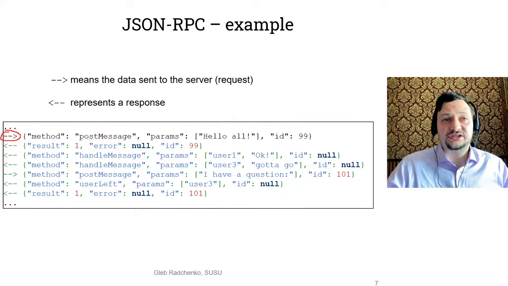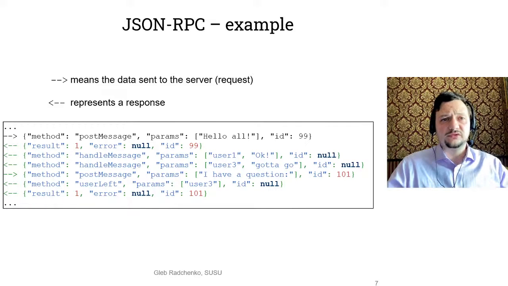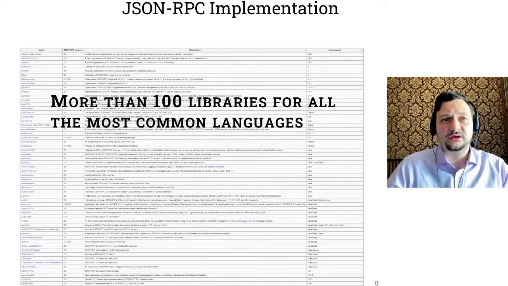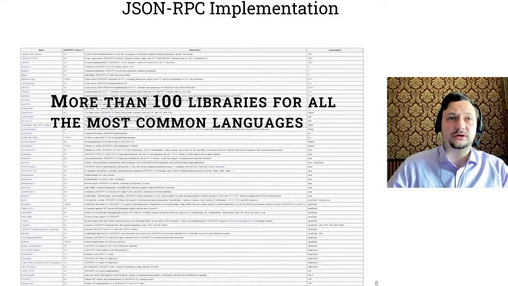This is a very simple protocol to implement, and there are more than 100 libraries for all the most common languages to organize this communication using the JSON-RPC protocol.